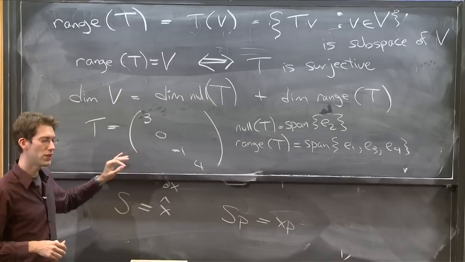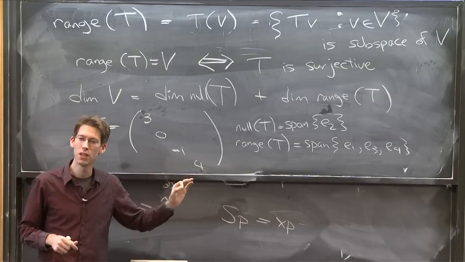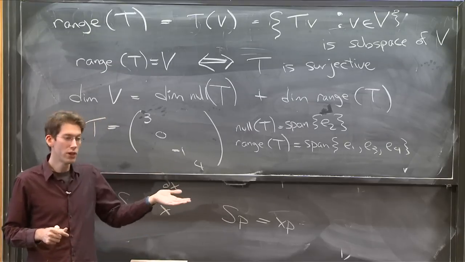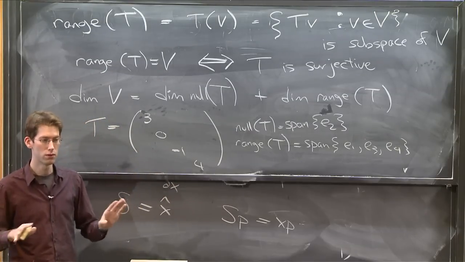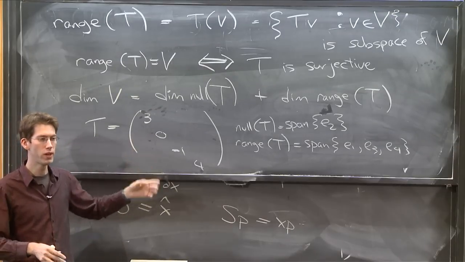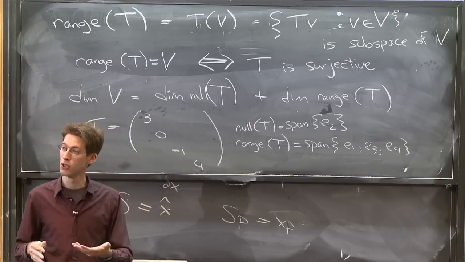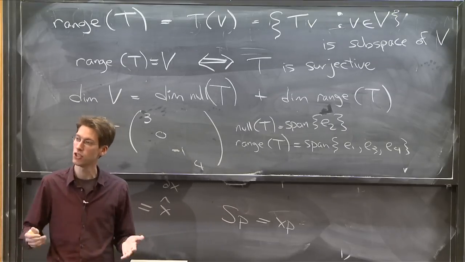But this picture is actually a little bit deceptive in how nice it is. So if you look at this, the total space is 4 dimensions. It divides up into 1 dimension that gets killed and 3 dimensions where the output still tells you something about the input, where there's some variation in the output.